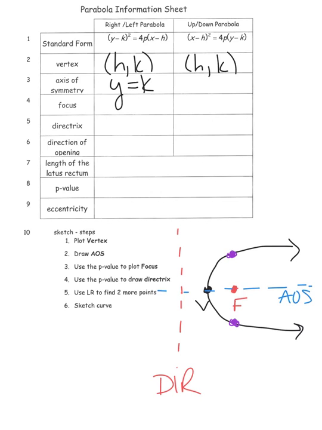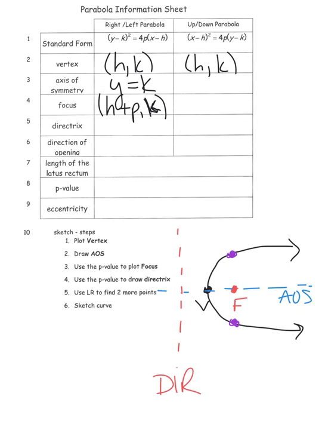The focus is that red point, and it's a point on the inside of the parabola. And the coordinates of that are (h plus p, k). Now I'll explain the p-value, but all you need to know right now is that's the coordinates.